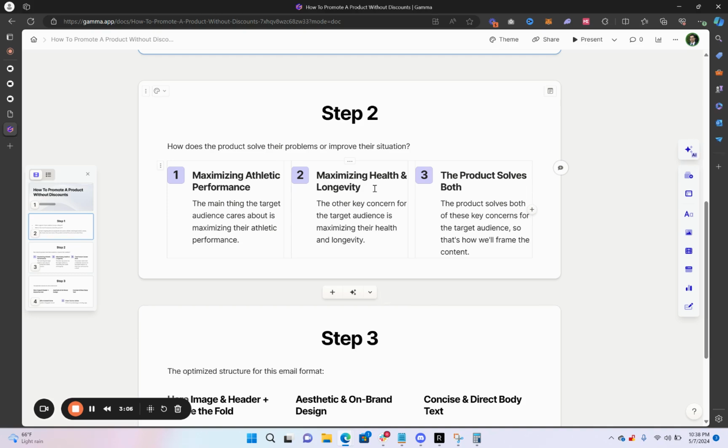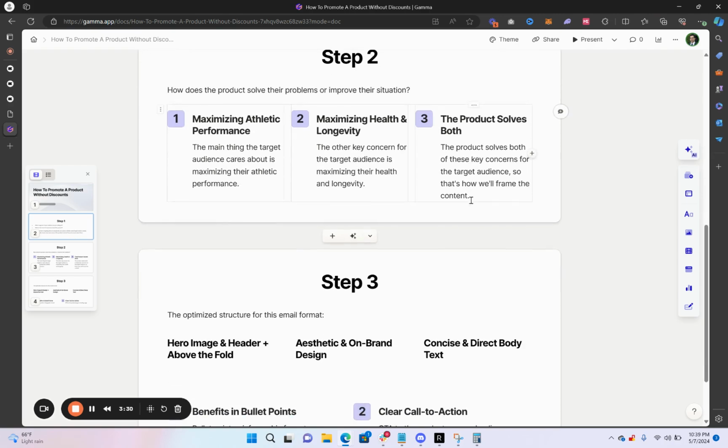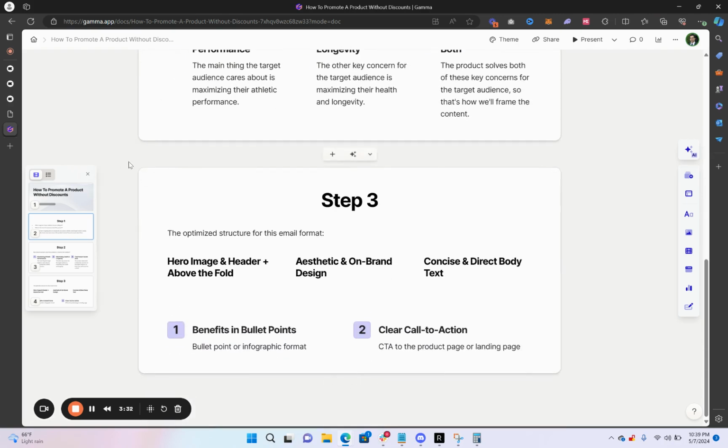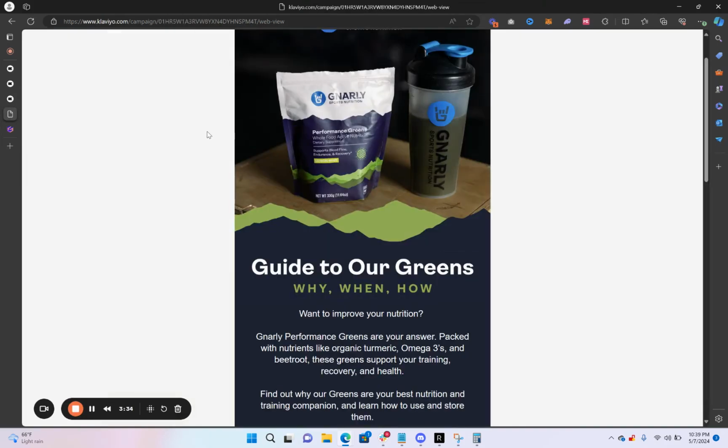And it's not just about maximizing health and having zero athletic performance. Otherwise, they'd go do a 14-day water fast, right? So they're looking for both. And a lot of them are really health conscious in terms of being vegan and stuff, right? So this particular product solves both, so we're going to be using that to frame the content. So let me show you.